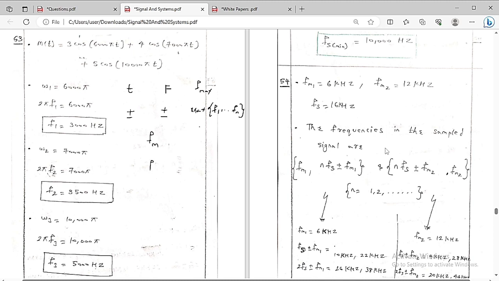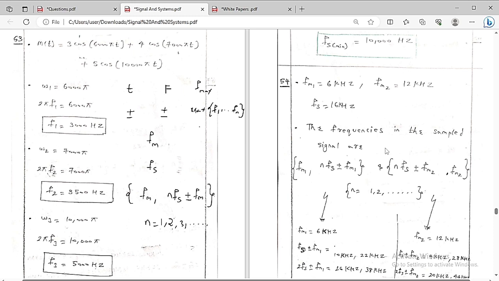If it is sampled with the sampling frequency Fs, then the sampled signal will have frequencies FM, comma, N into Fs plus or minus FM, where N starts from 1 and goes on.